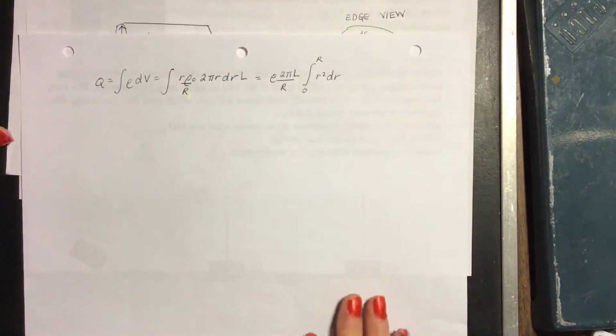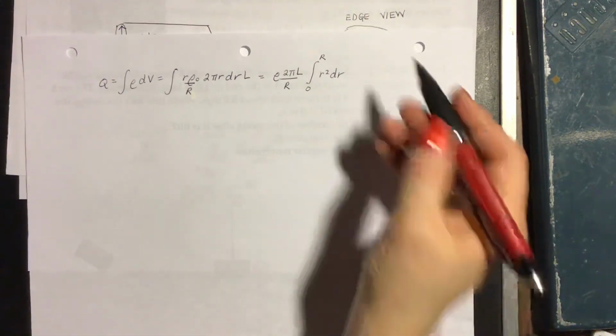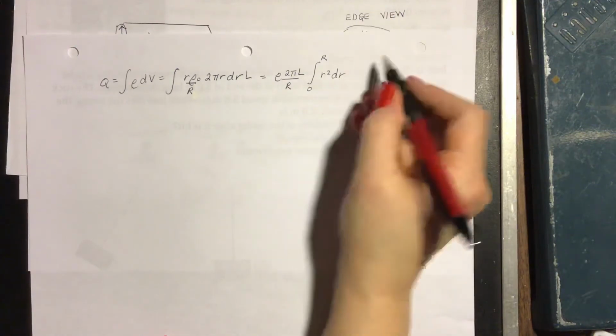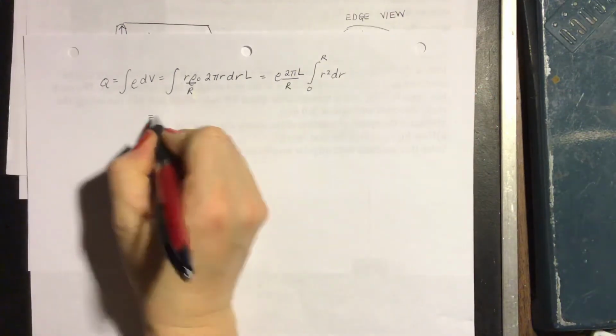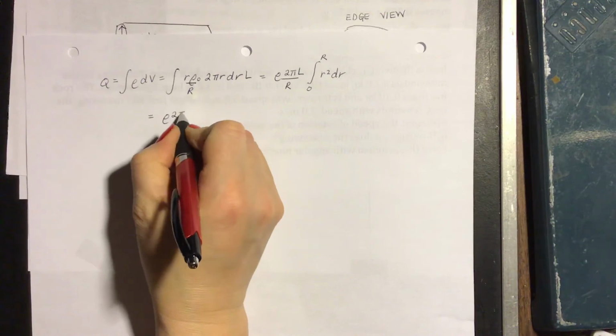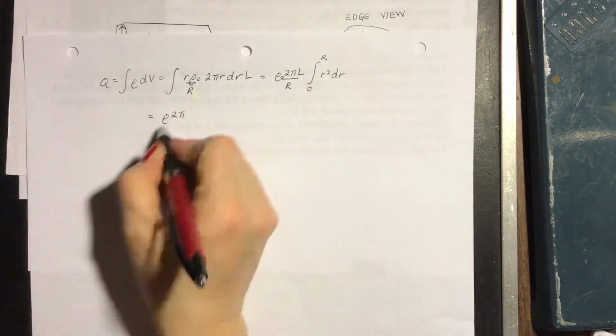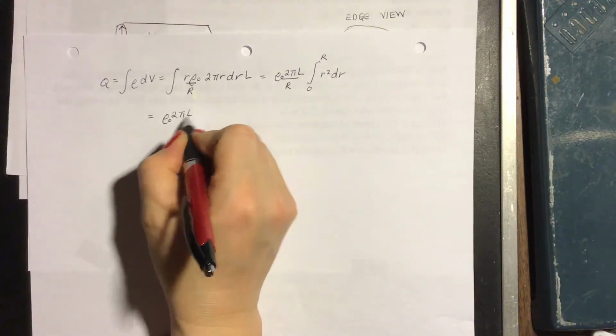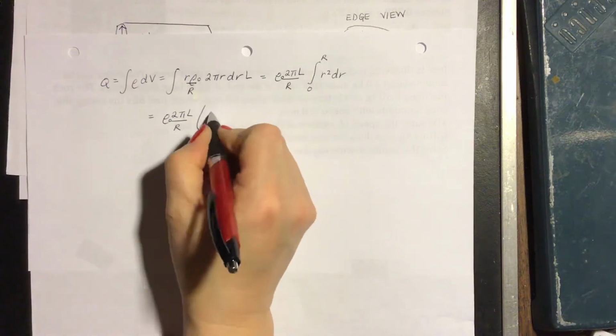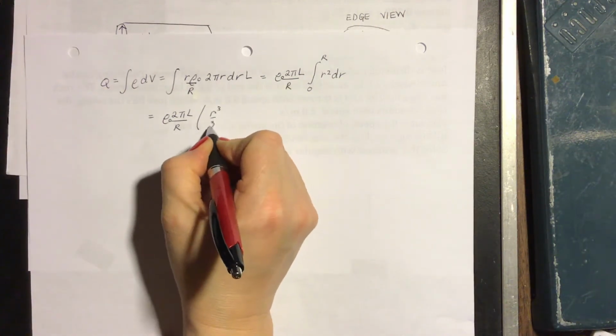Now we can evaluate our integral. The integral of r squared is r cubed over 3, evaluated at R and 0.